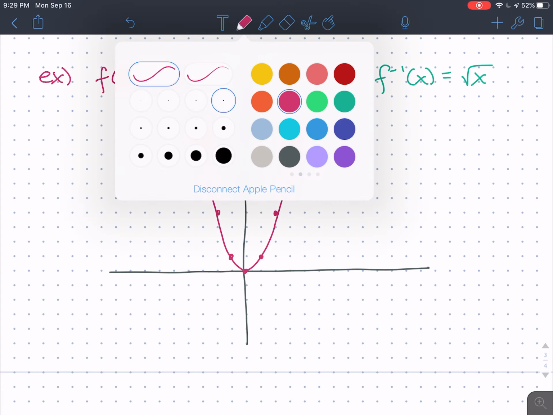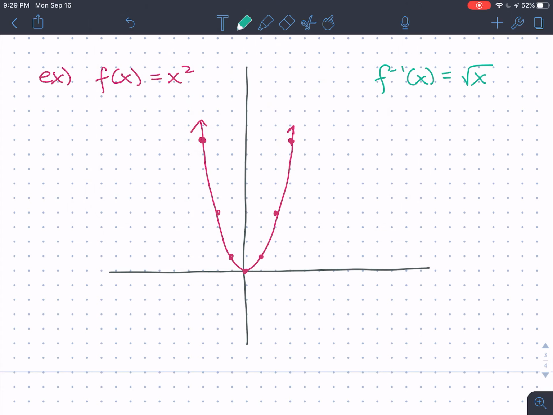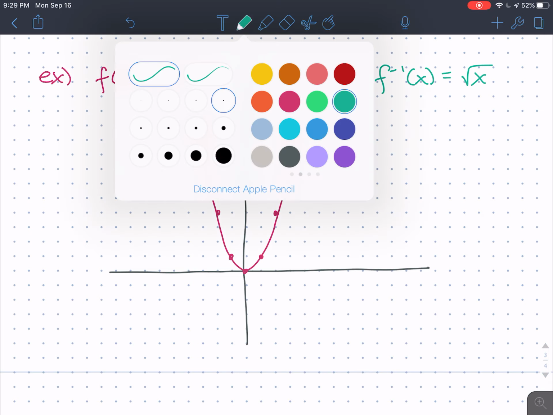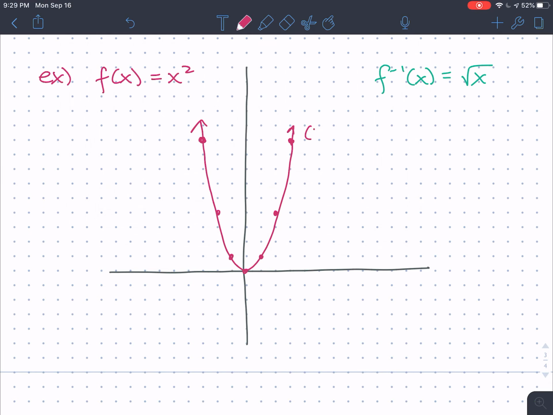And if I were to switch x and y, this point right here, which was at 3, 9, is going to go to 9, 3.